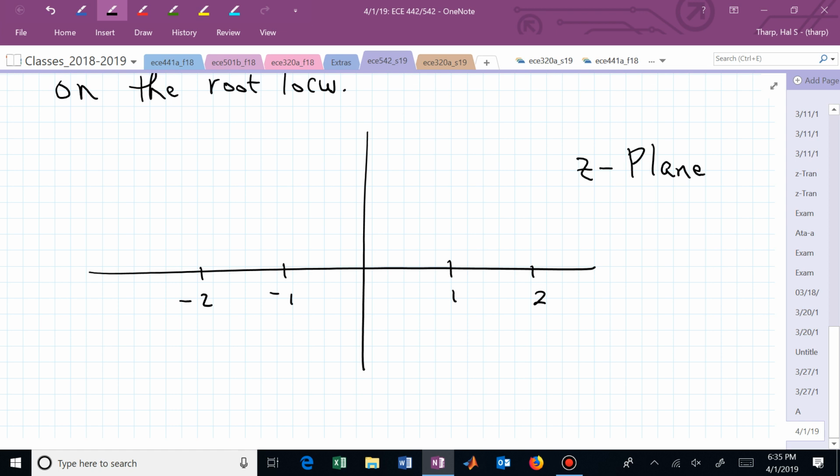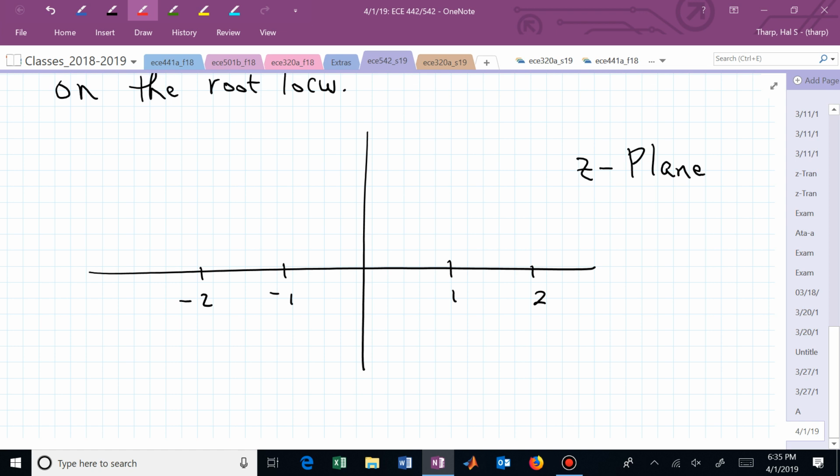All right, where were our open loop poles? Let's plot our pole zero diagram on the z-plane. If you're on an exam and I say sketch the root locus, if you want a few points out of several, the very first thing that you would want to do is plot the poles and the zeros on the z-plane of your transfer function in question.